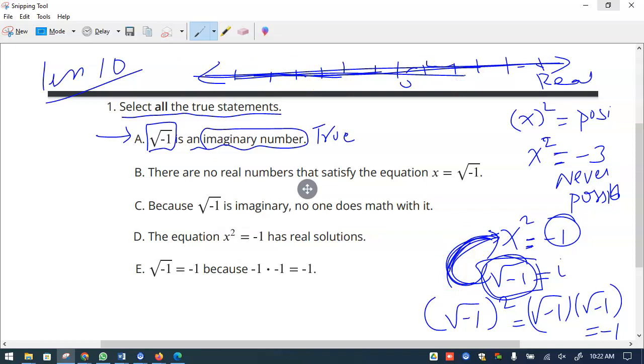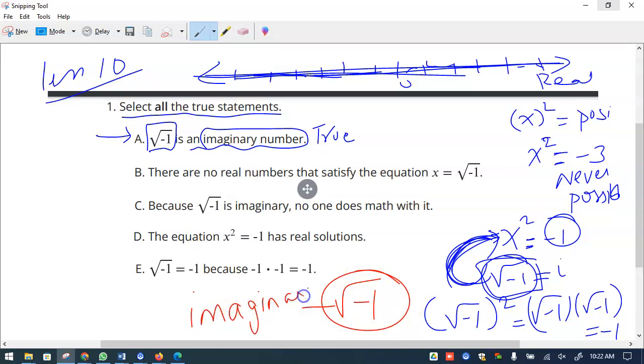That's why we use this special letter for the square root of -1. This is the imaginary unit, which is also called the imaginary number.